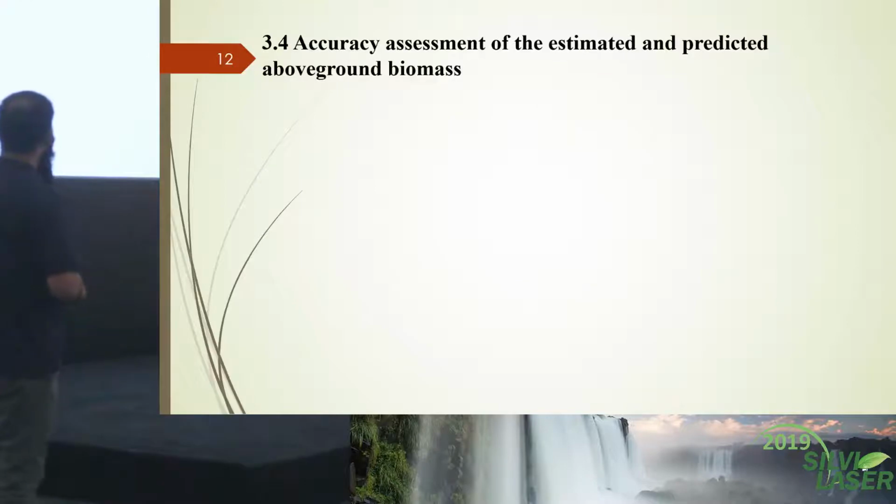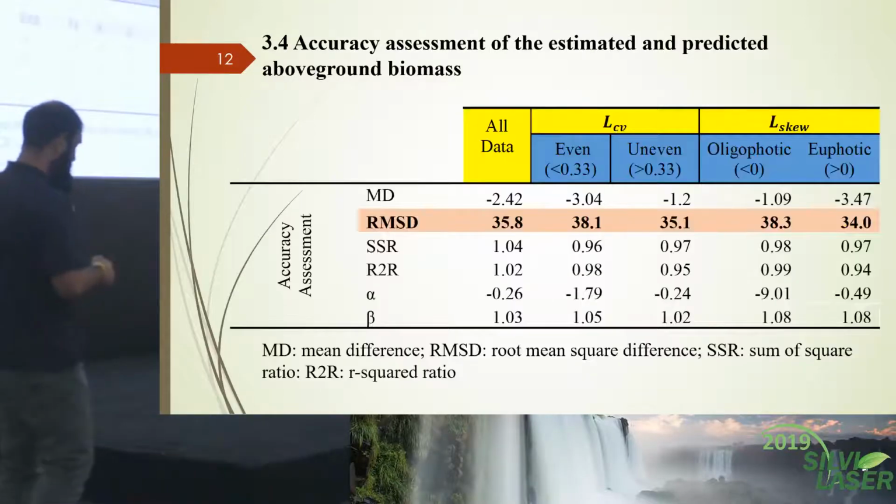In the accuracy assessment of the estimated and predicted above ground biomass, we got under prediction in all cases. But in the uneven and the closed canopies, the under prediction decreased as compared to the other values.